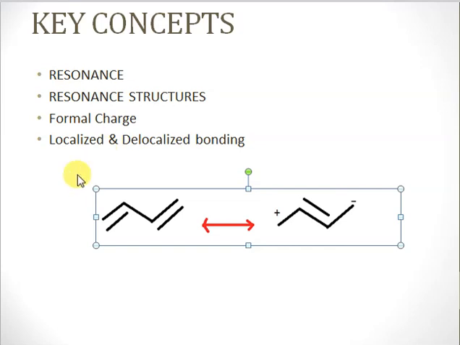So the system which we are considering here is butadiene, right? It has 4 carbons, so it's a butane system, and since there are 2 double bonds, it's a diene, right?